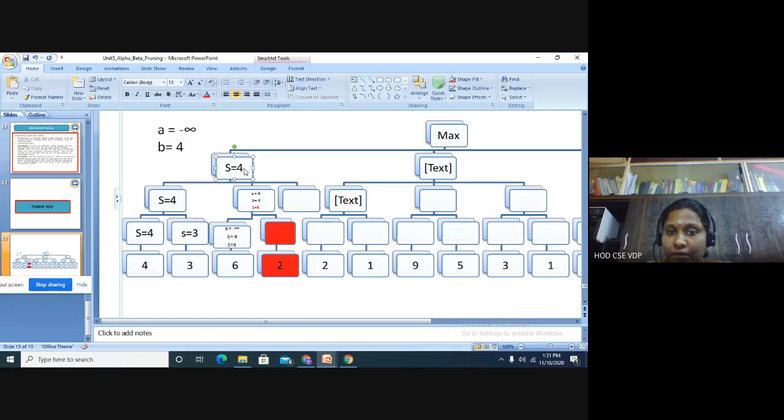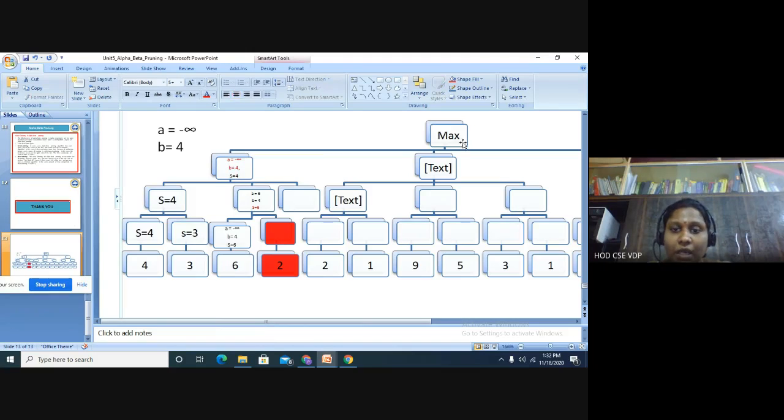Node value is 4 because this is playing minimization strategy. And alpha will not be changed because I'm playing minimization as my strategy. And beta would be equal to still 4 because minimum of 4 comma 6 is nothing but 4 only. Okay, so I have this as my values of alpha and beta, right?